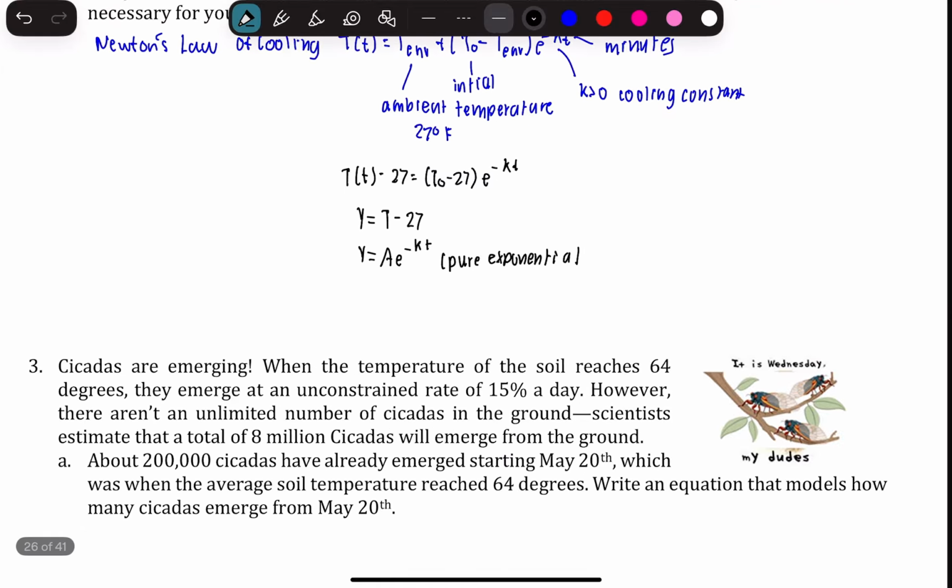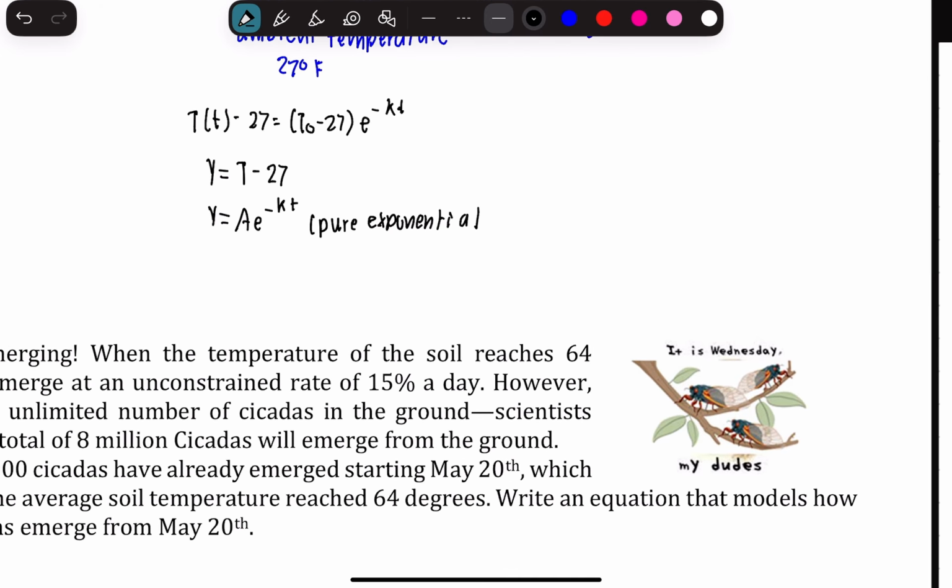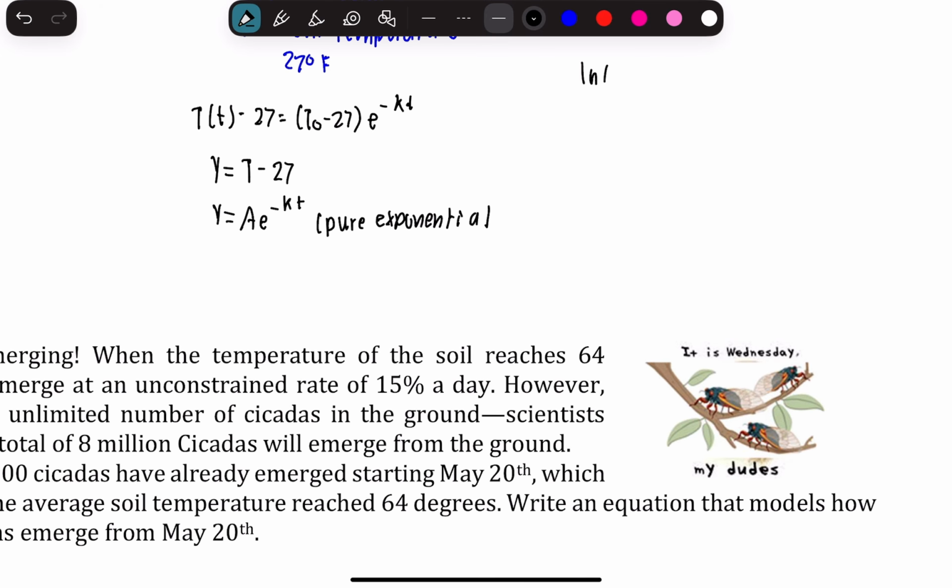Now we want to transform this for a calculator. And we can put this in the form of ln of y is equal to ln of a minus kt. So here, x is equal to t, and y is equal to ln of (T minus 27).